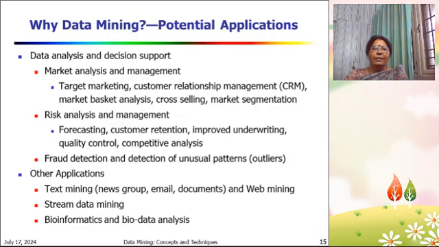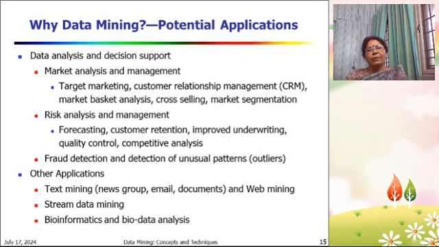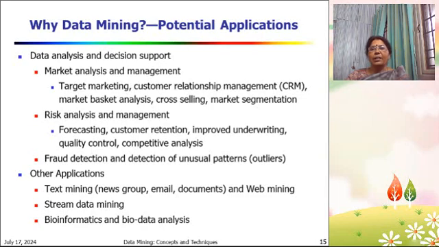Likewise, in market analysis and management, risk analysis and management, forecasting. It could be weather forecasting, or forecasting the price, or the stock price. And then customer retention, how do you retain a customer? Fraud detection and detection of unusual patterns, which we call outliers.